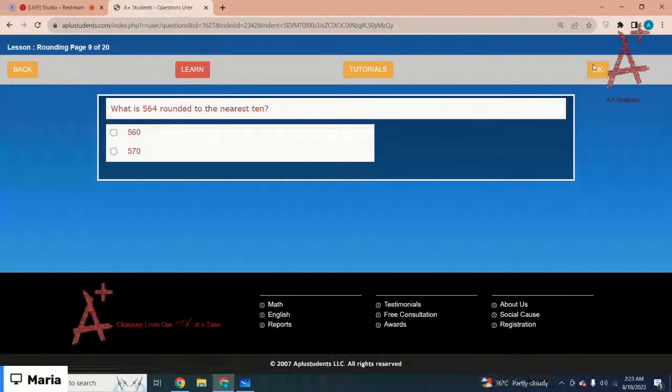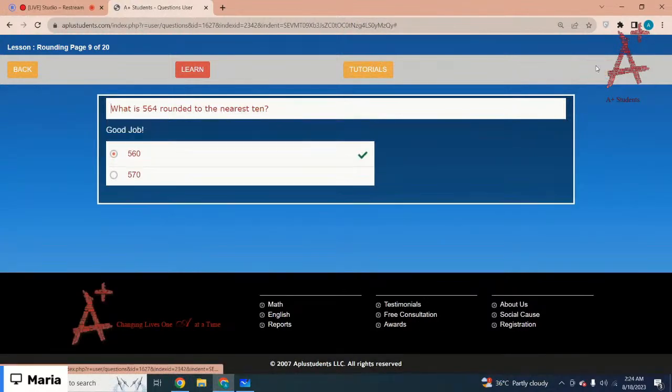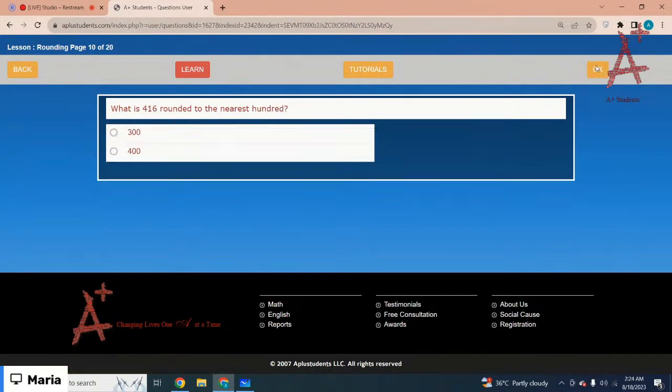So which is the correct option? 564 is rounded to 560. Very good. What is 416 rounded to the nearest 100? Which is the correct option?